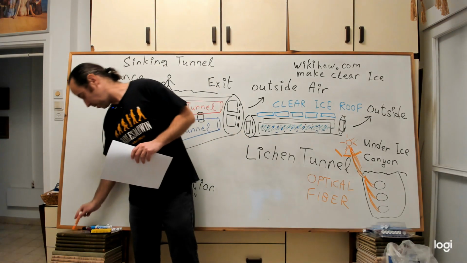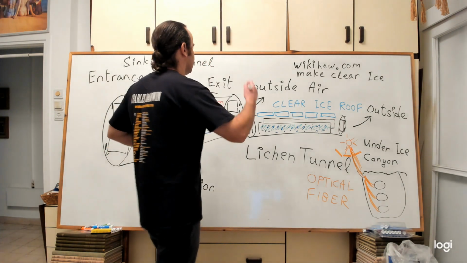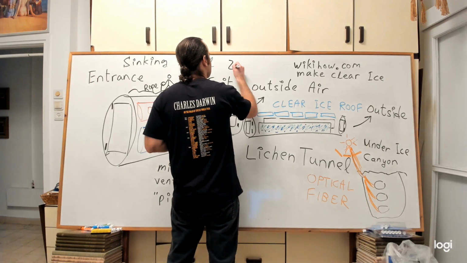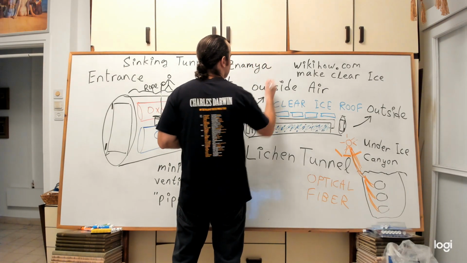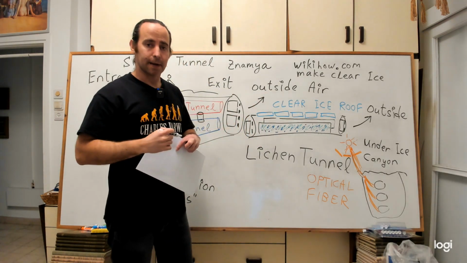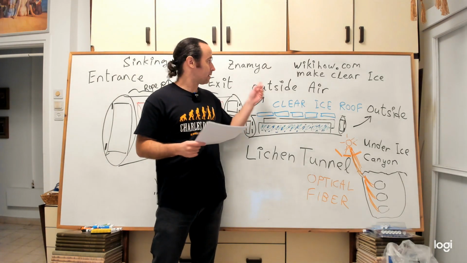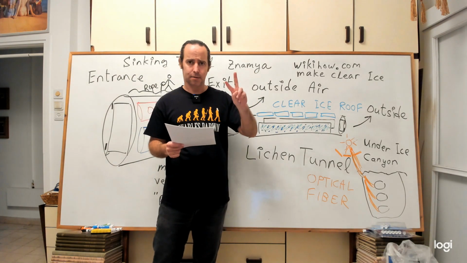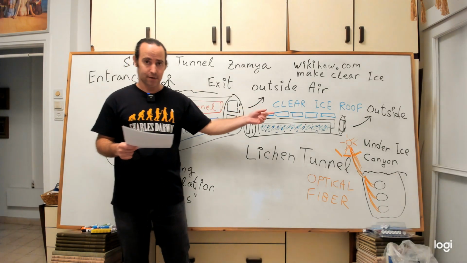It's basically a mirror in space. You can see it in Wikipedia. It's Russian. They made the Znamya 2, and Znamya 2.5 failed, but was supposed to be followed by number 3.